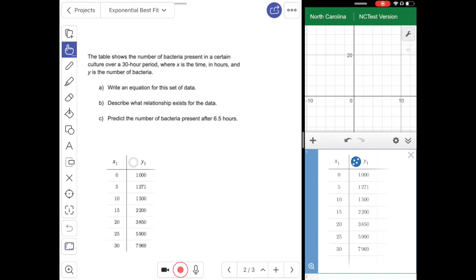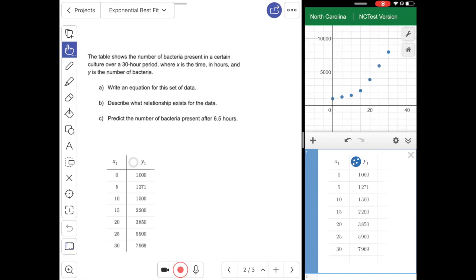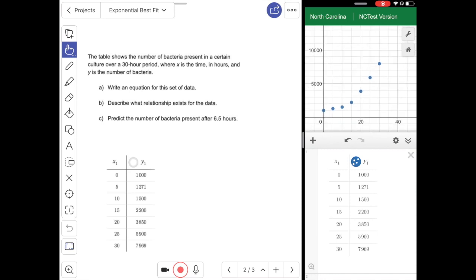If you hit that zoom option, it will actually automatically zoom to the scatter plot for you. And you can see that it's got that exponential curve happening. You can see that it's very steady right there at the beginning between 0 to 20-ish. And then once we hit 20, it starts to increase much more rapidly. So we're going to be looking at this exponential model.